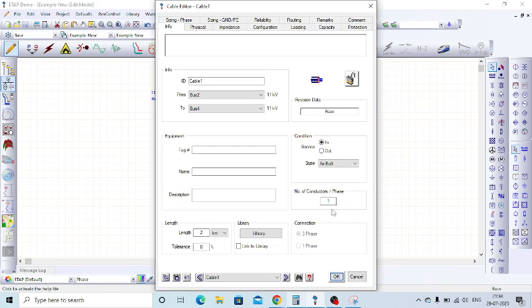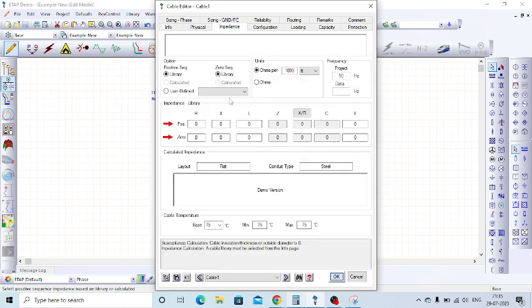The typical value is 1, so for simple understanding we'll consider 1. Then we go to the impedance page, where we enter the positive sequence impedance and the negative and zero sequence impedance.